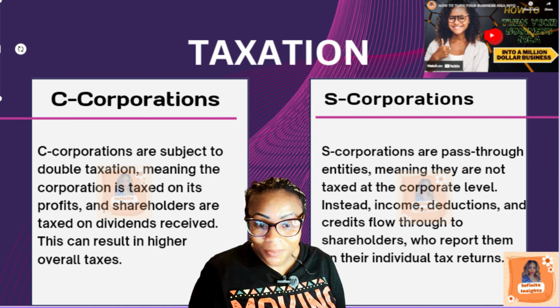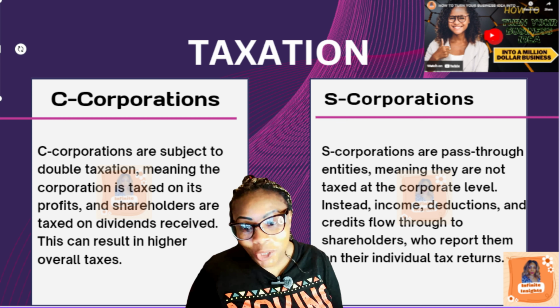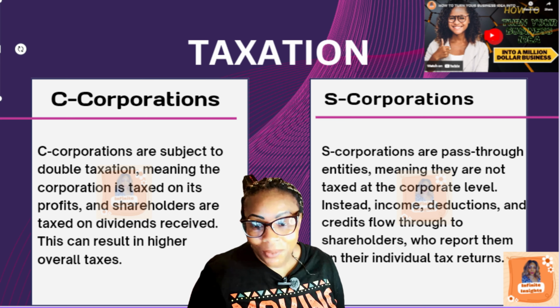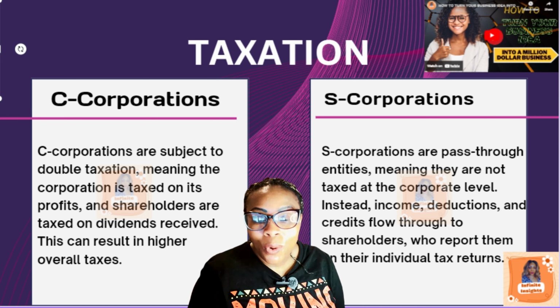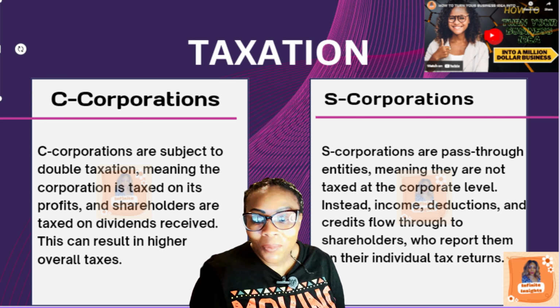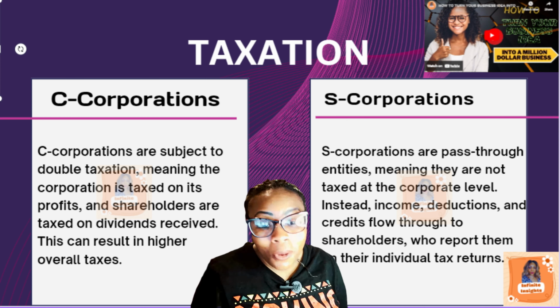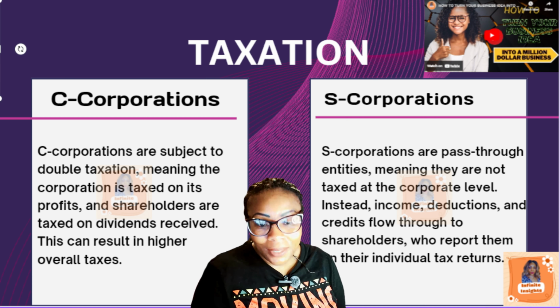We are done with taxation. C corporation, double taxation, and S corporation is one tax return on the shareholder's personal tax return. We have one that is double taxed and one that is reported only once on the tax return.